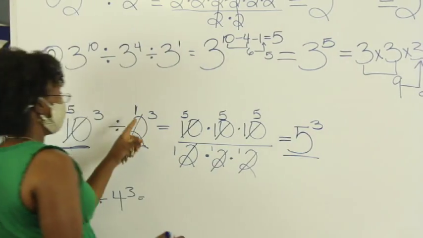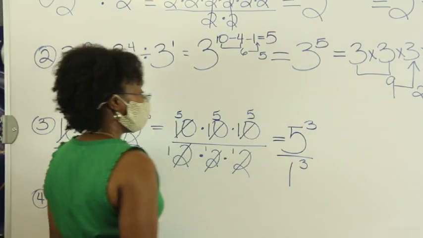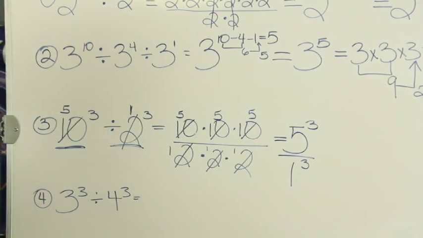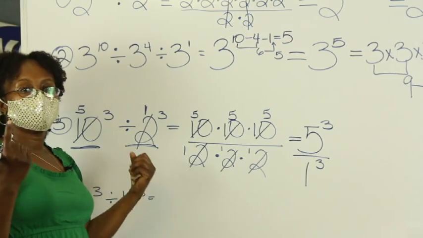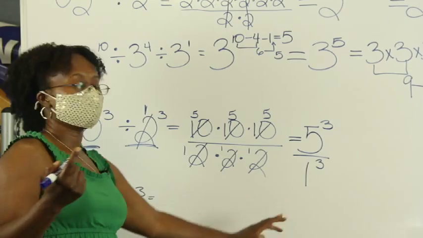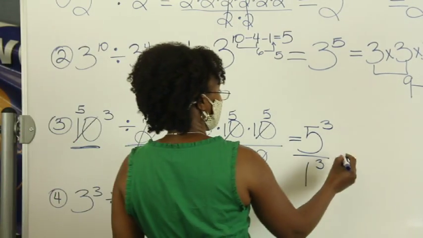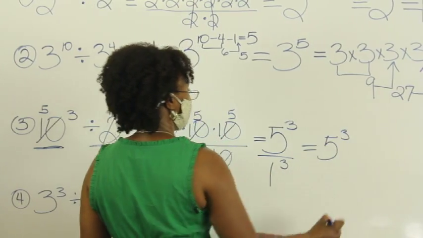And 1 to the 3rd power. Okay? 1 times itself is how much? 1, right? So usually when you see that 1 there, you don't have to worry about the 1. We're just going to act like the 1's not there, and we're going to put 5 to the 3rd power.